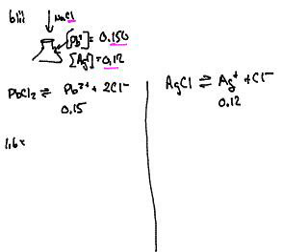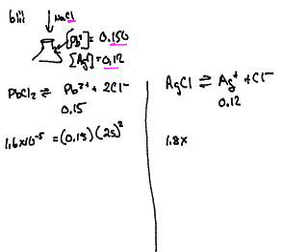So I say 1.6 times 10 to the minus 5 would be equal to 0.15 times 2S squared. And then I'm going to take the KSP for the silver, 1.8 times 10 to the minus 10th is equal to 0.12 times S. So now we get our calculators out.